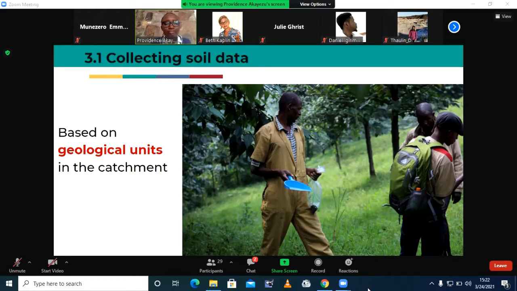So we had a geological map of the catchment, and from this map we had to collect the soil data, like 5 samples from each geological unit. We had to visit each geological unit in the catchment and collect at least 1 sample from each. Of course, it's not difficult given the topography in the catchment, but we had to follow the GPS points, so we had to walk some distances to reach some of the points.